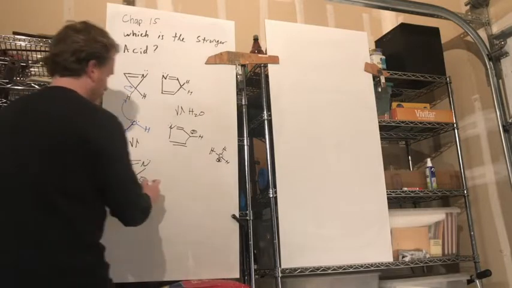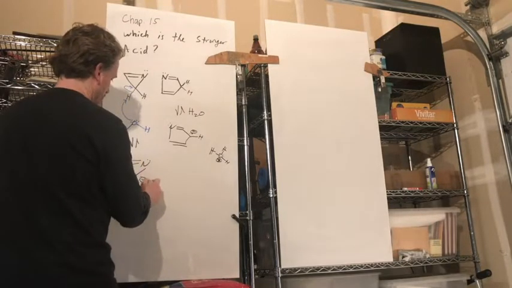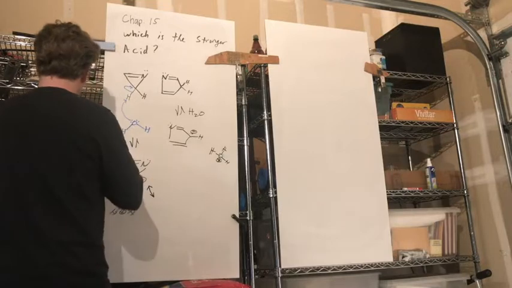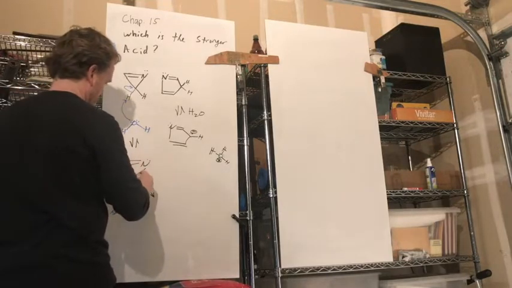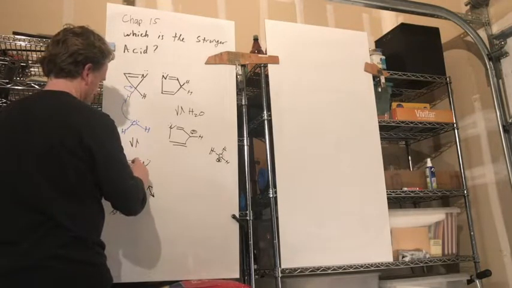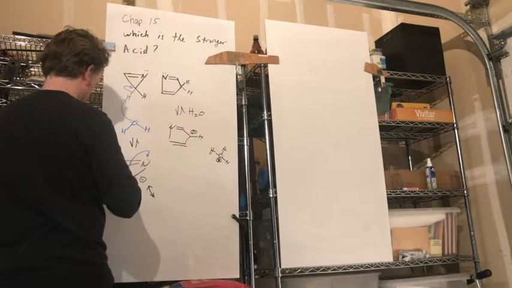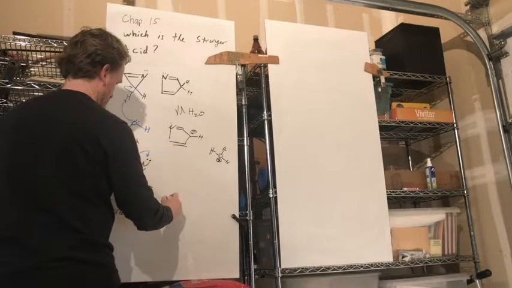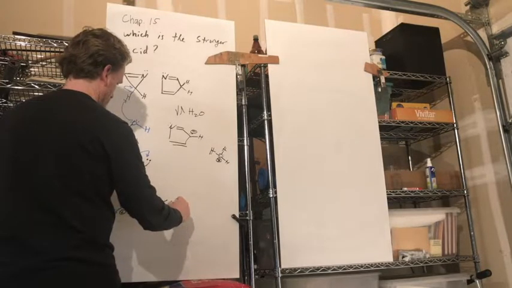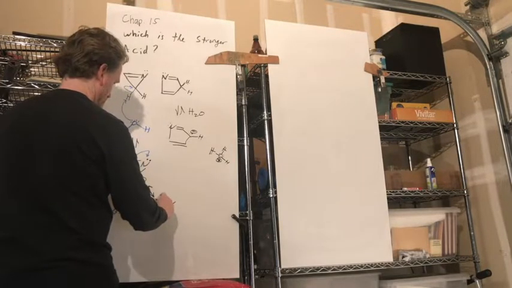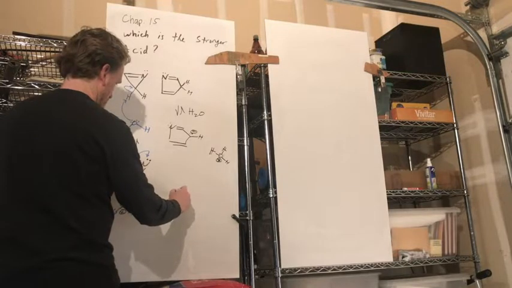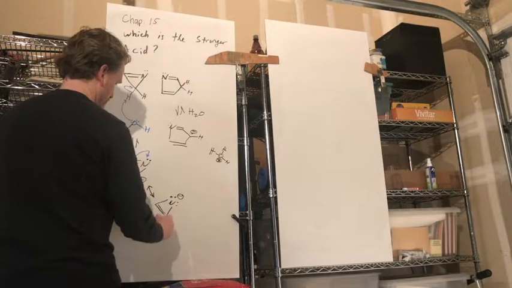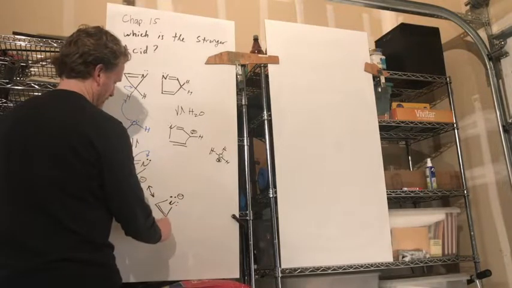For this one, it will have a resonance we can draw. Put the negative charge on the nitrogen there, and another resonance structure.